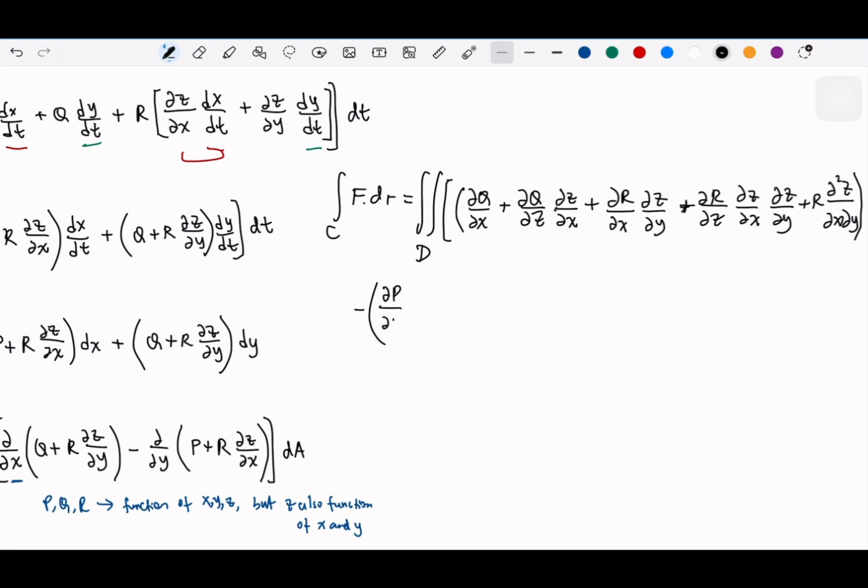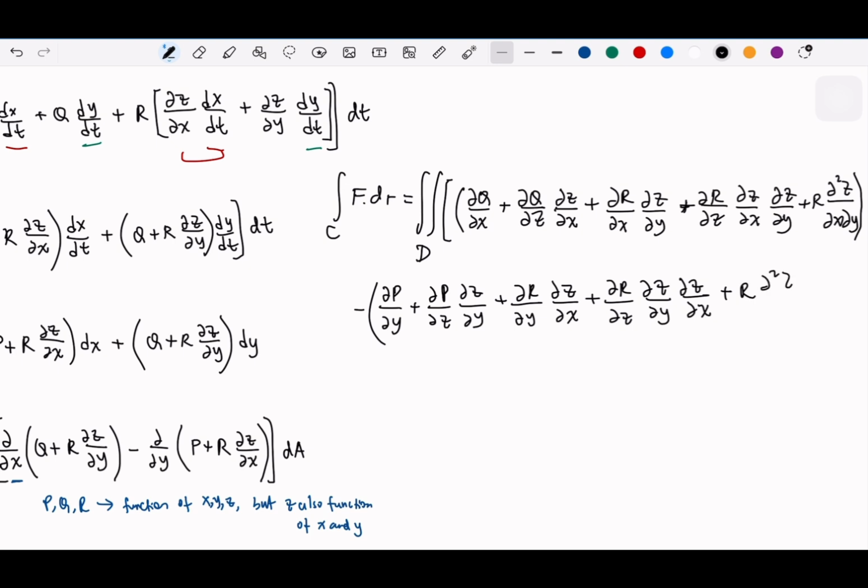This will be the last part. Basically they have the same pattern, with y and then x, and this will be with respect to dA.